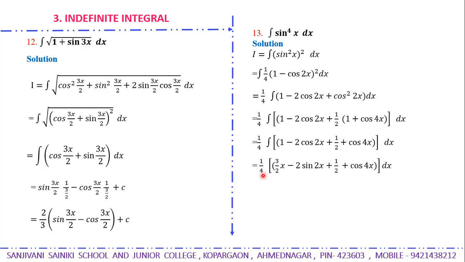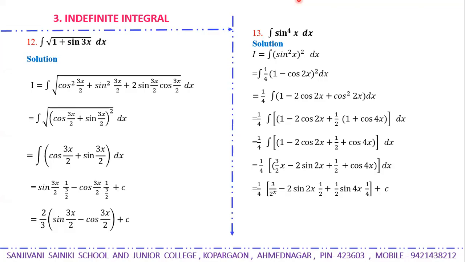So what you will get, 1 upon 4 times 3 by 2x minus 2 sin 2x plus 1 upon 2 plus cos 4x dx. Okay, so just go on simplifying it. Some mistake is there.